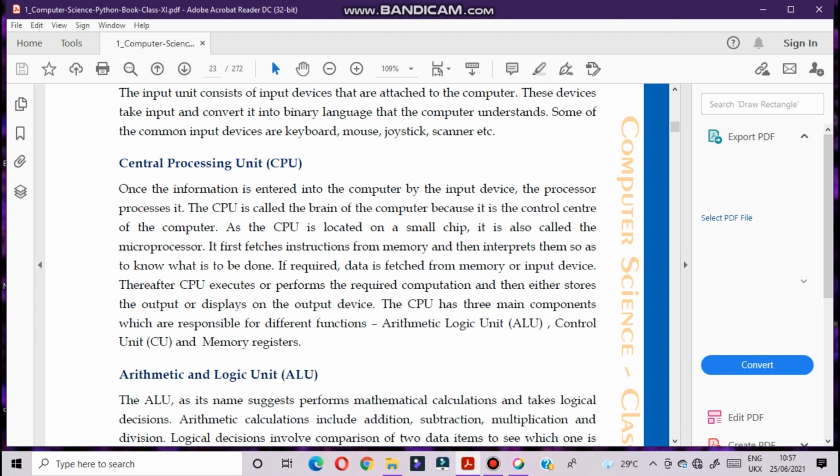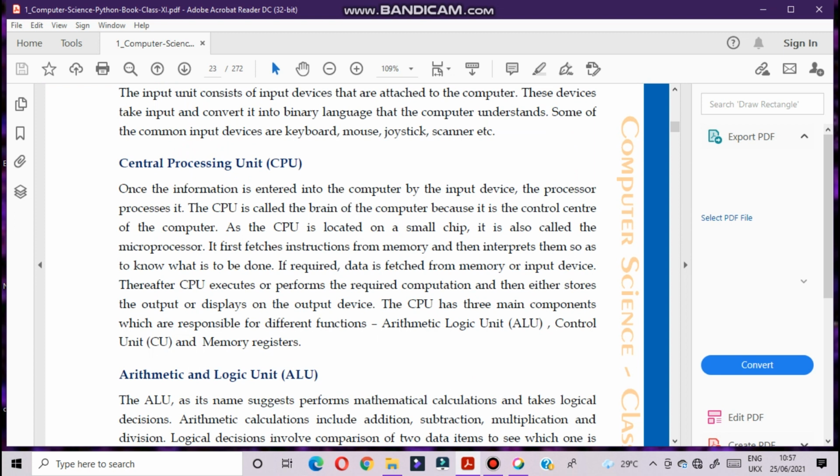The CPU is called the brain of the computer, because it performs all the operations. It is the control center of the computer.